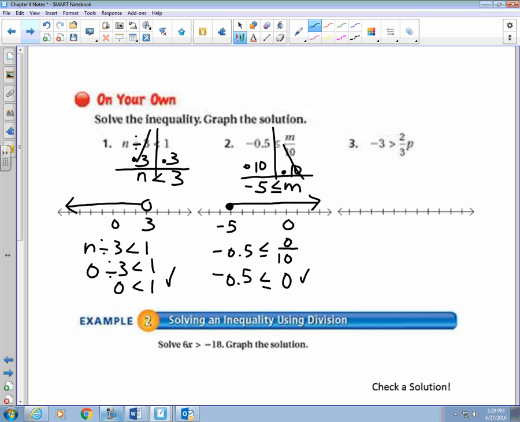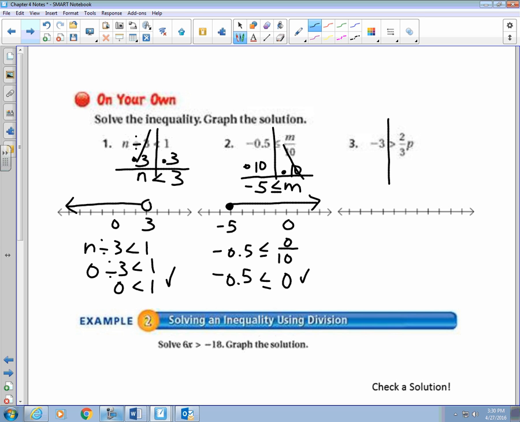All right, and number 3, negative 3 is greater than 2/3 p. So I'm going to split up my inequality. And I see that p is being multiplied by 2/3. All right. Well, so far everything's been divided by 2/3. I'm not sure why this one is here. So the way I'm going to do this is going to kind of foreshadow the next example.